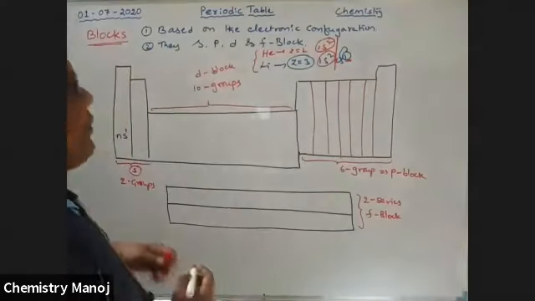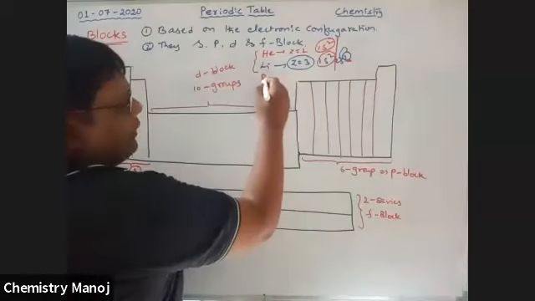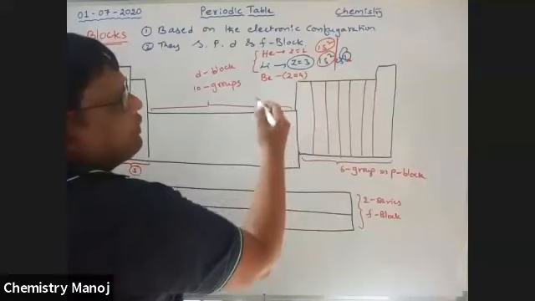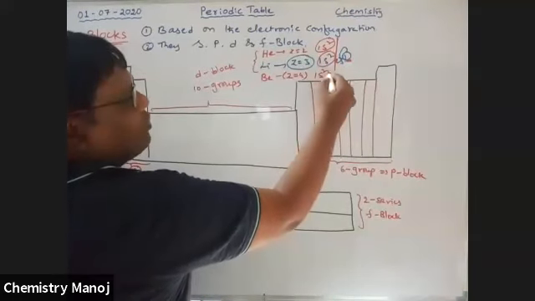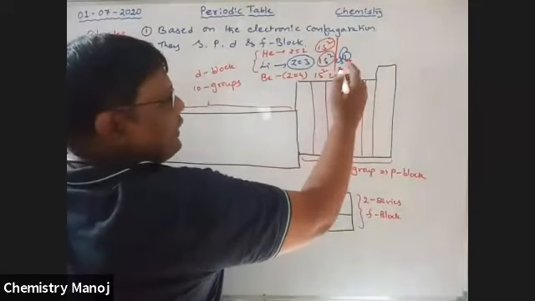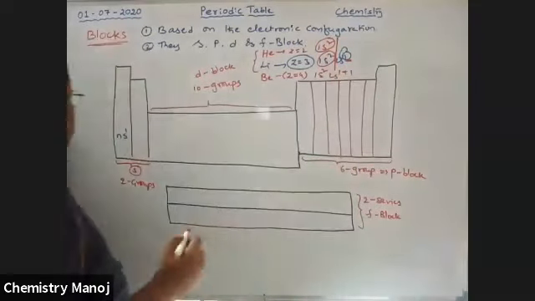Let us take one more example. The next element is beryllium. Its atomic number Z is equal to 4. Electronic configuration 1s2 2s2, and 2s2 means 2s1 plus 1.